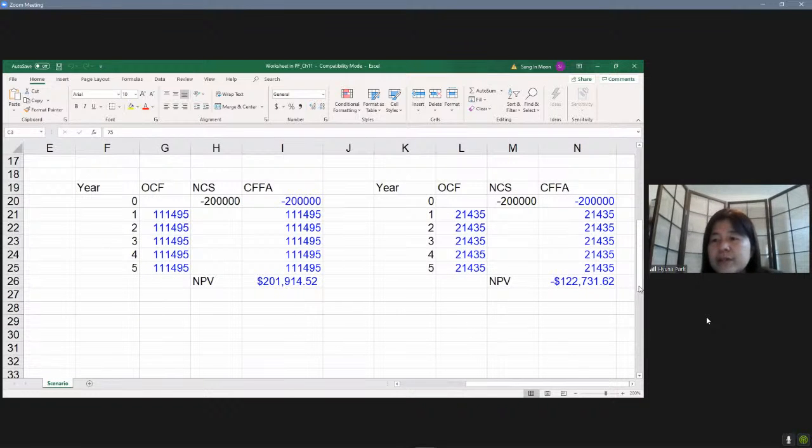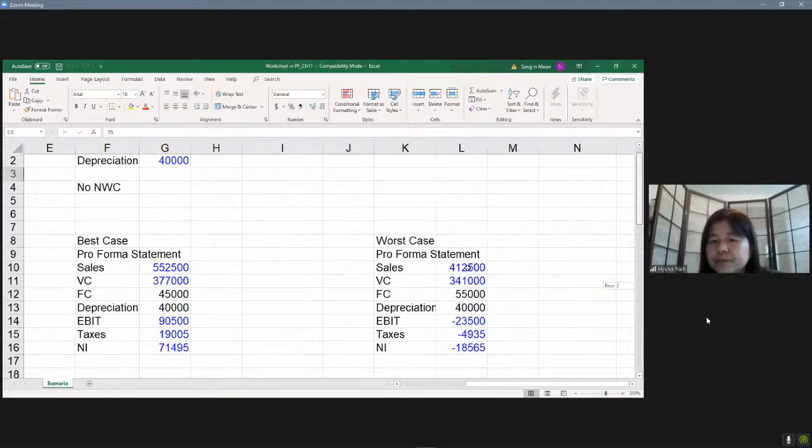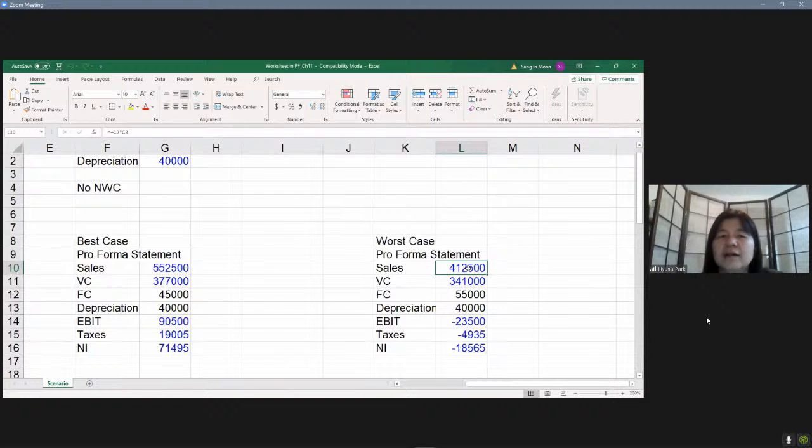The price is the lowest and number of units the lowest, and variable cost per unit is the highest, and the sales volume is the lowest, and fixed cost is the highest, but depreciation is the same amount.